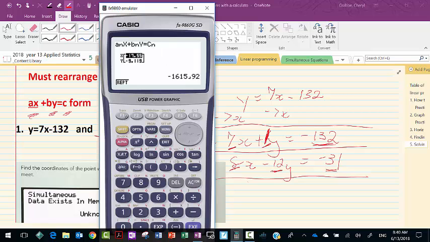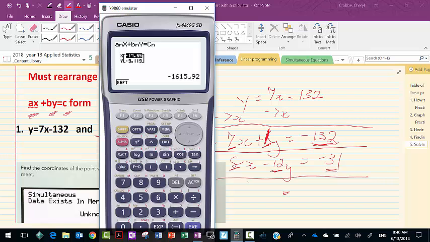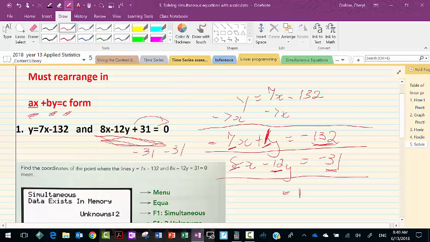So we go F1. And there it is. The point of intersection is negative, what did it say? 17.55, that's what x is. And what was the other one?